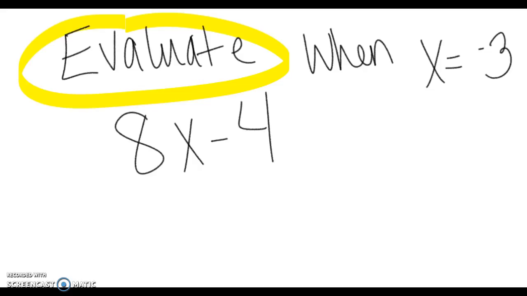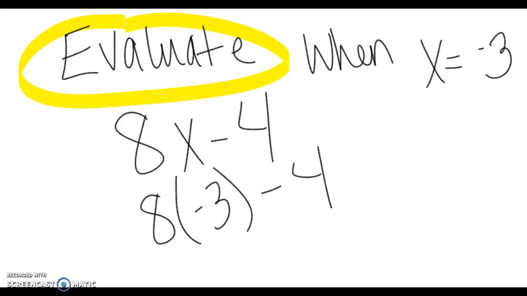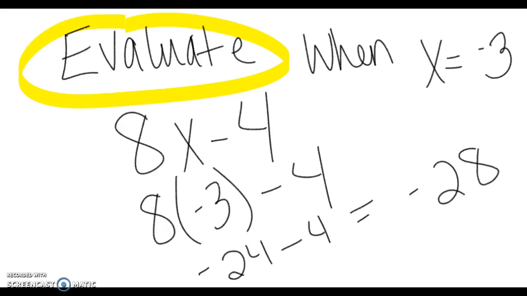Well, that means I have to rewrite this as 8 times -3 minus 4. Multiply first, order of operations always. So multiply first, I get 8 times -3 is -24 minus 4 equals -28. So when I am given a value to substitute in for the variable, I can evaluate it and I can get it down to just one number answer.